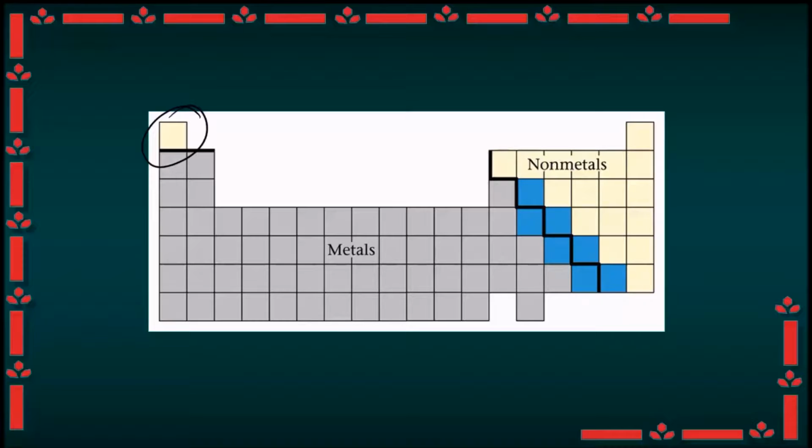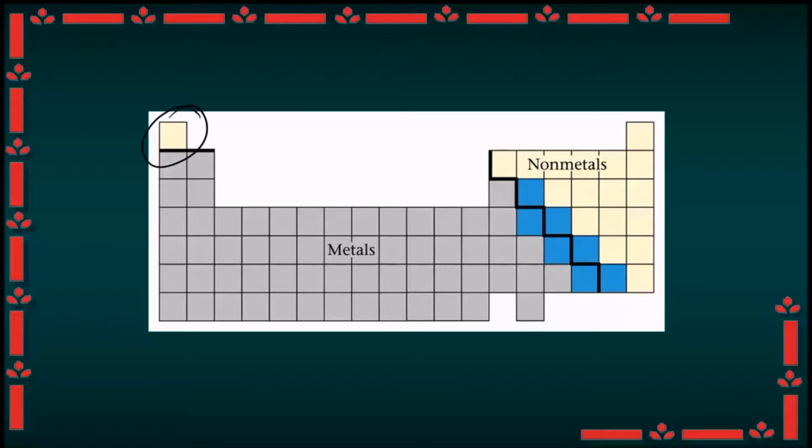Hydrogen. Ever since you were a little kid, your mommy and daddy taught you the difference between metals and nonmetals. Right? So if you're in a crowd, you go, oh, metal, metal, nonmetal, nonmetal. And then you find hydrogen, you go, what is that?